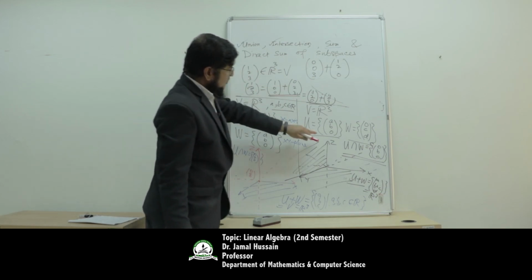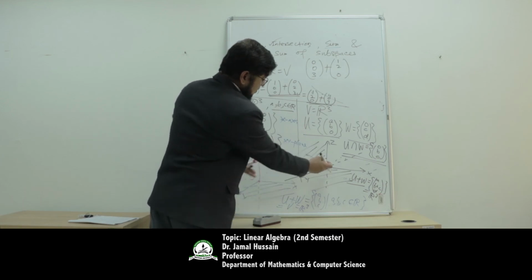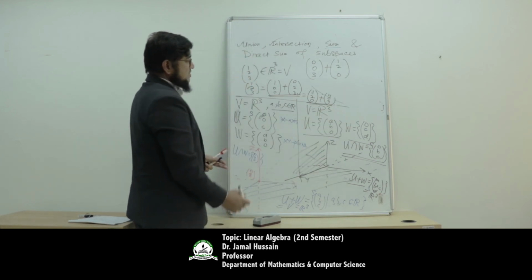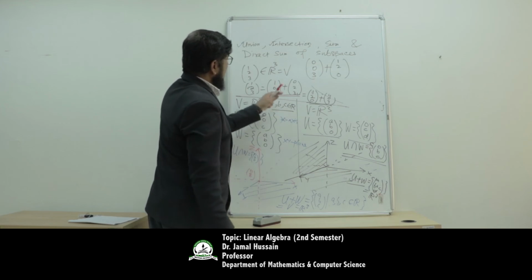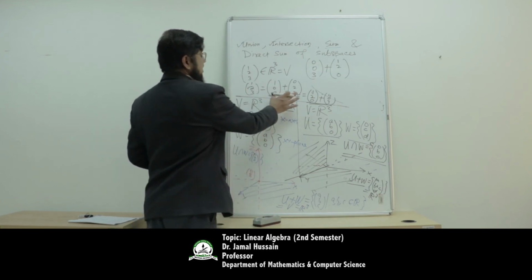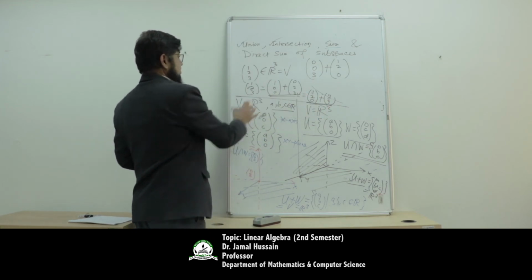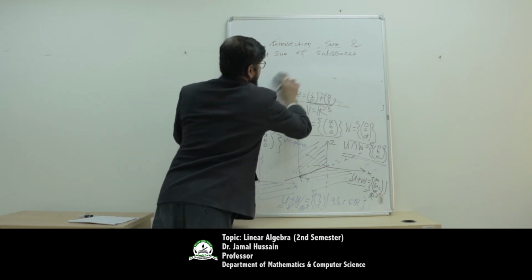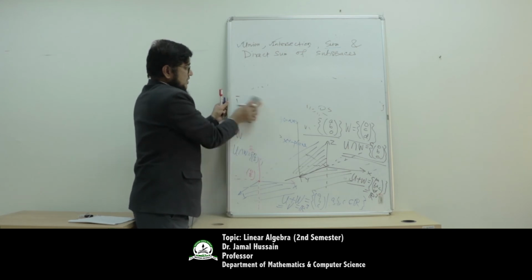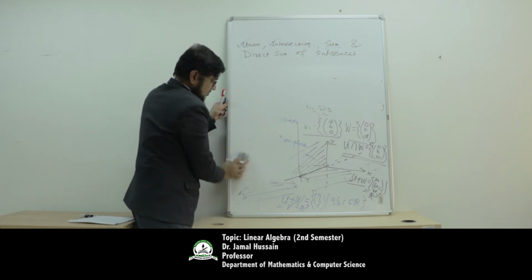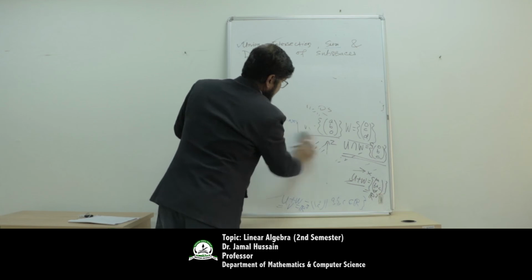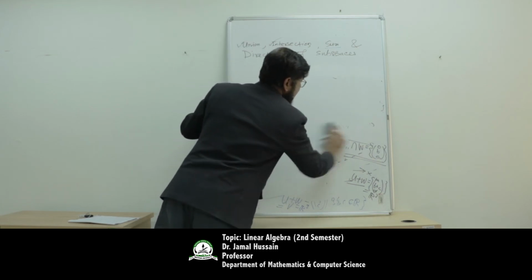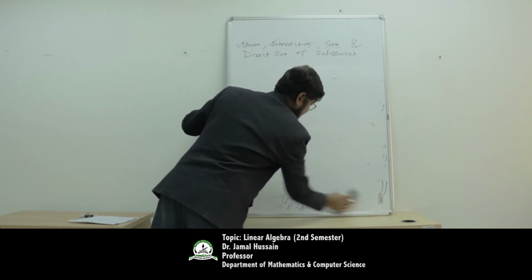But here in this particular case, the intersection is not a point, the whole line is common. So in this case we have infinite ways of writing a sum of two vectors. So depending on this we define what is the direct sum.